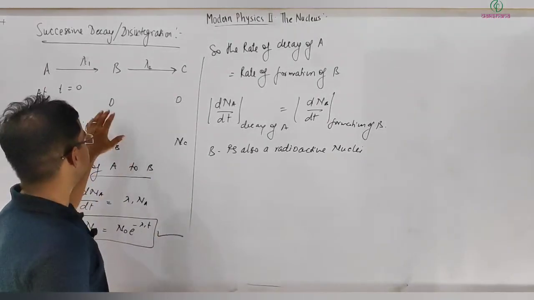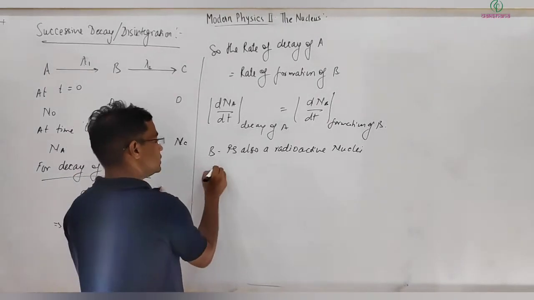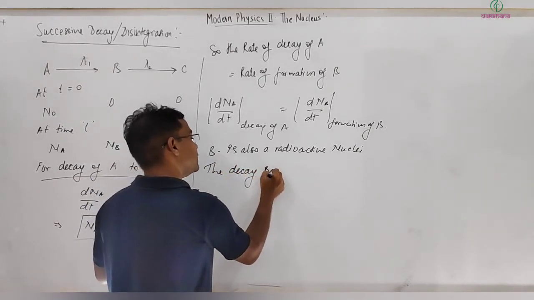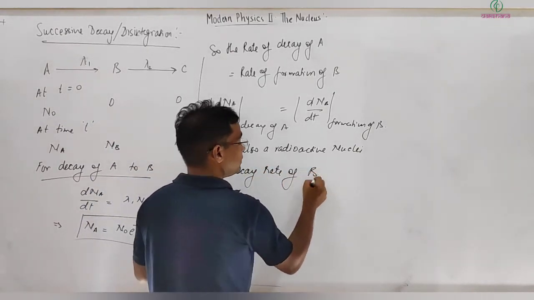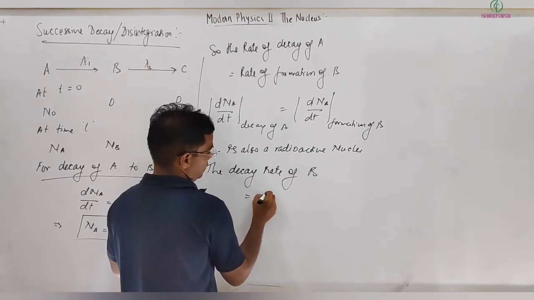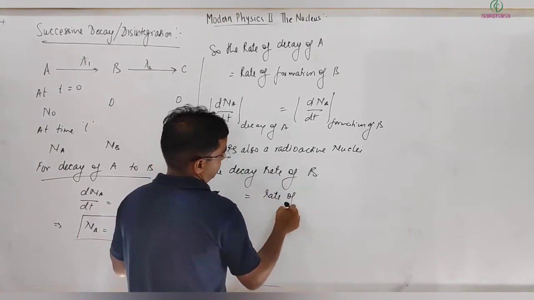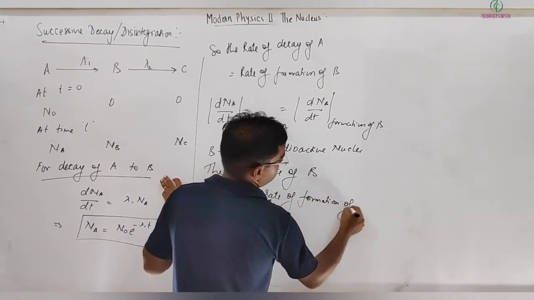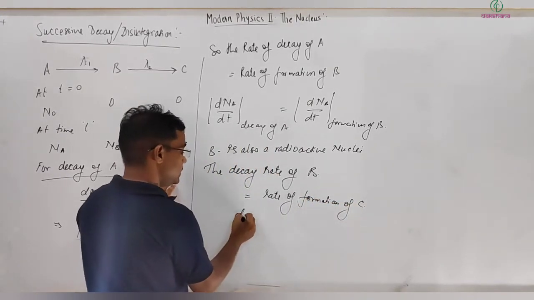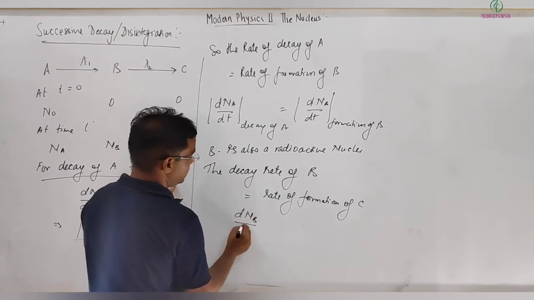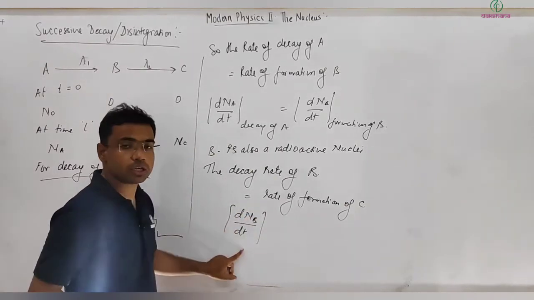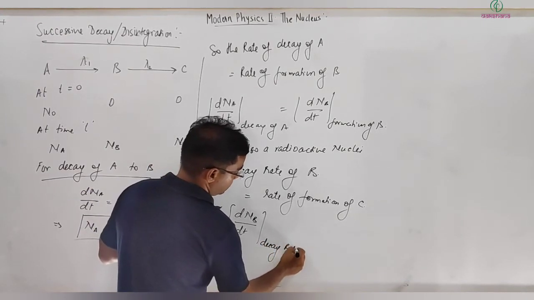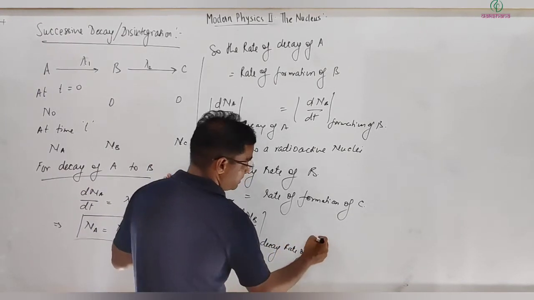And I can write the decay rate of B as equal to the rate of formation of C. So I can write this dNB by dt. This is not the effective rate, it's only the decay rate of B. It will be equal to what?